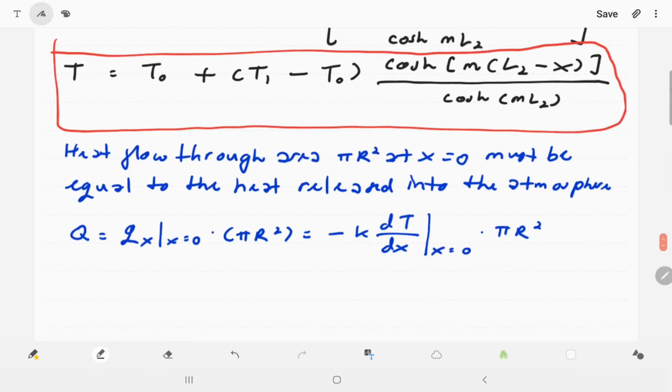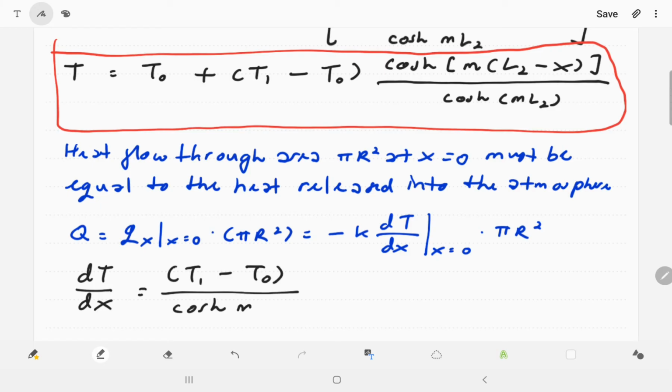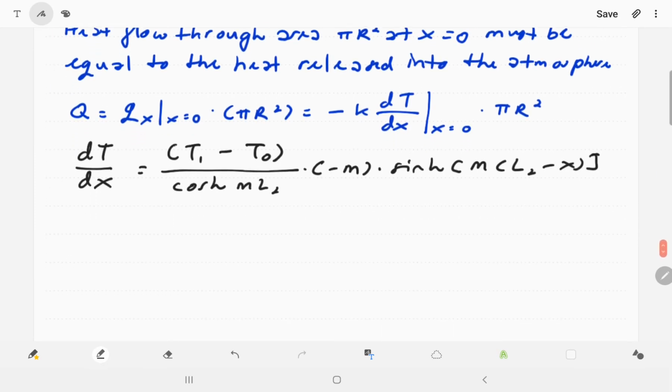So here, dT over dx will be simply equal to (T1 minus T0) divided by cosh mL2 multiplied by minus m sinh m(L2 minus x). Okay, so that will be our dT per dx.